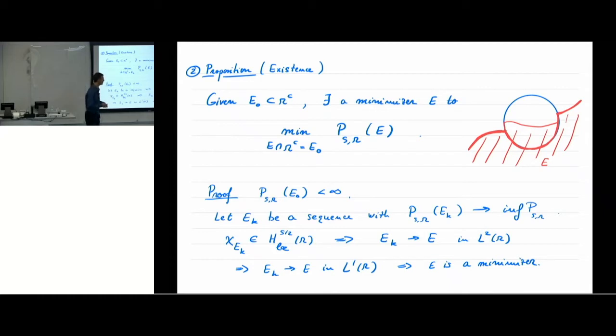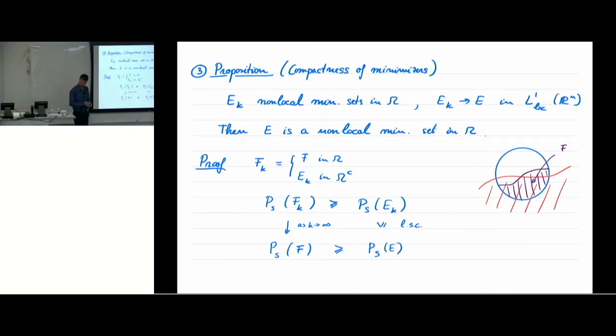So the goal from now on is to say that actually these sets are much better than just being in H^{s/2}. Maybe there are some issues at the boundary, do I have some discontinuity at the boundary as I show it here? Maybe, but I expect inside omega to have nice properties of this S minimal set that we call fractional minimal surface.